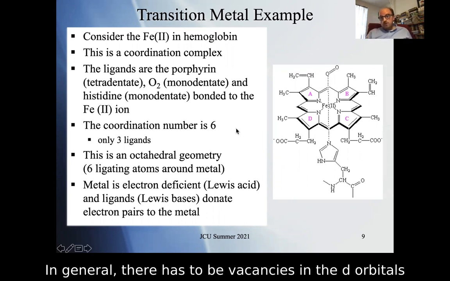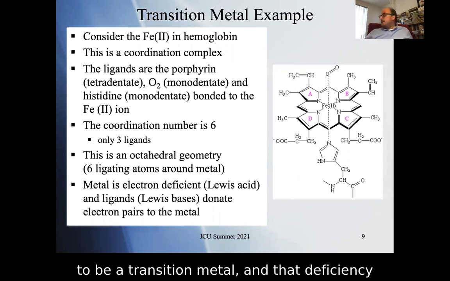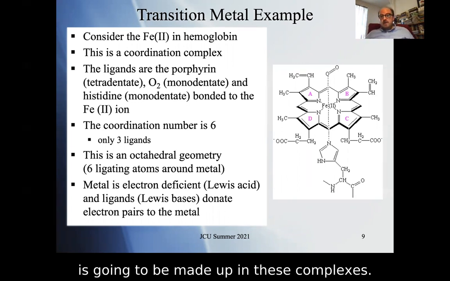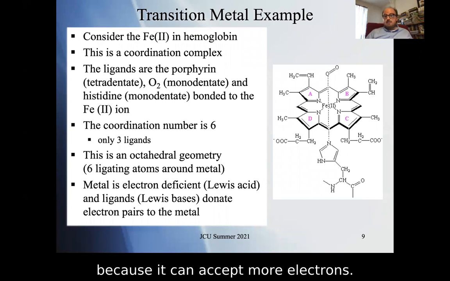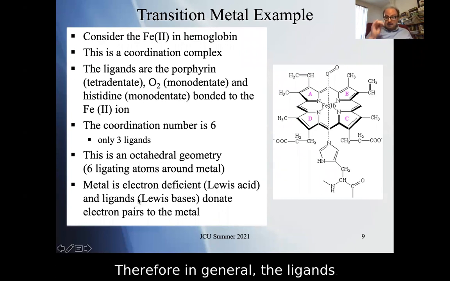There have to be vacancies in the d orbitals to be a transition metal, and that deficiency is going to be made up in these complexes. So in general, the metal is considered a Lewis acid because it can accept more electrons. Therefore, the ligands would be viewed as a Lewis base.